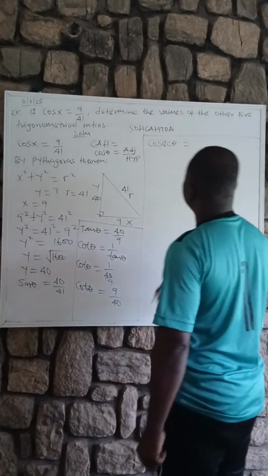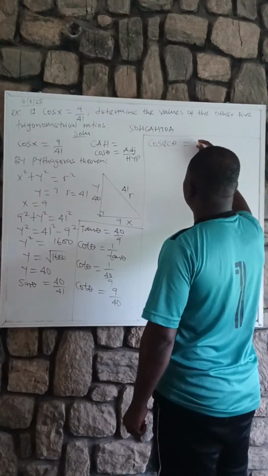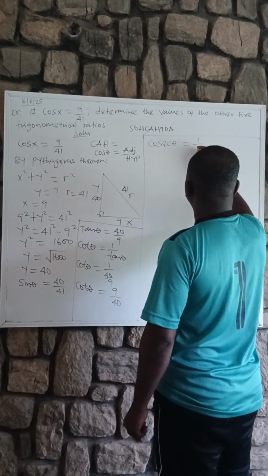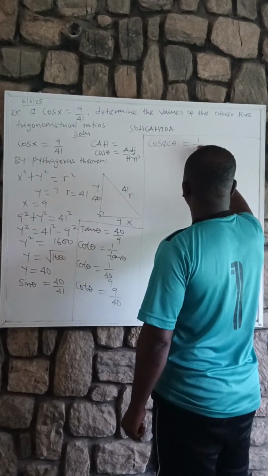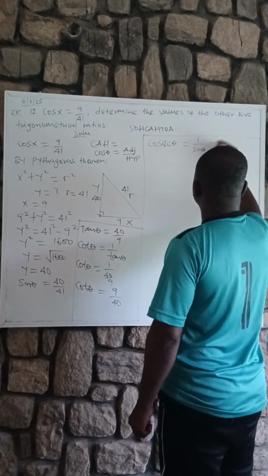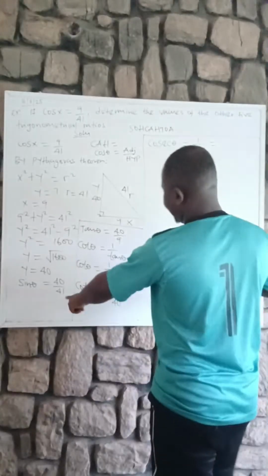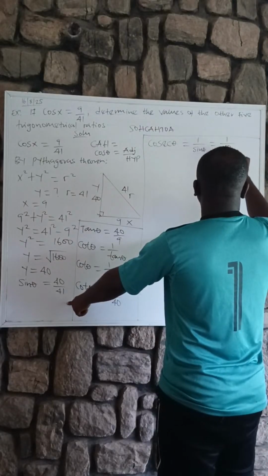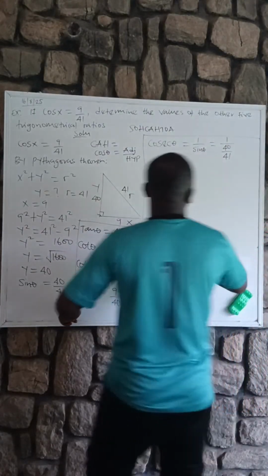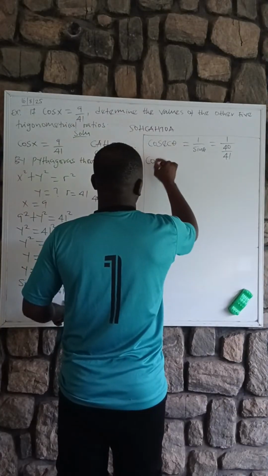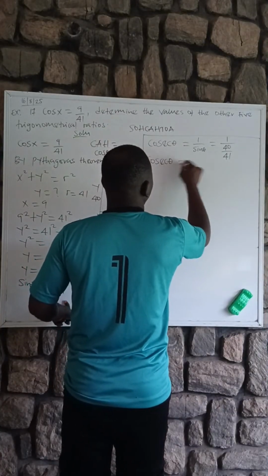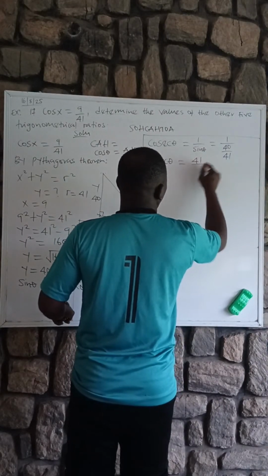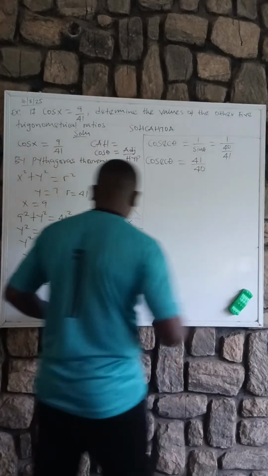Cosec theta is 1 all over sin theta, right? So here will now be 1 all over 40 all over 41. Then cosec theta will be equal to 41 all over 40. True or false?